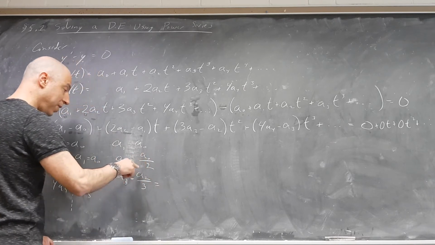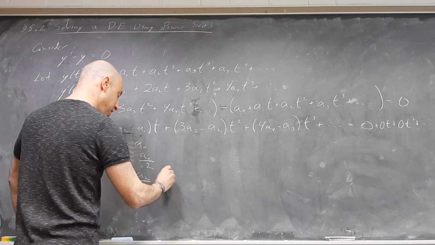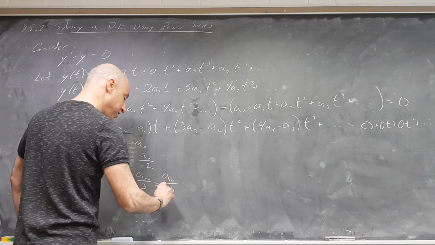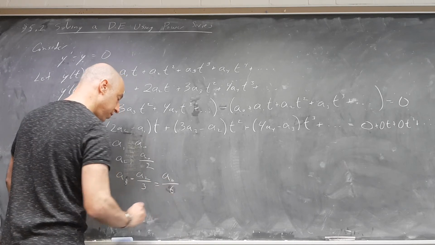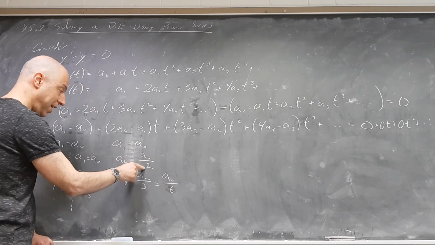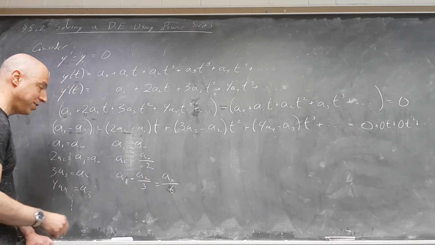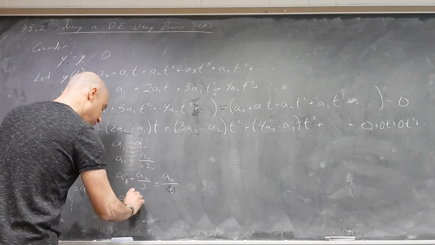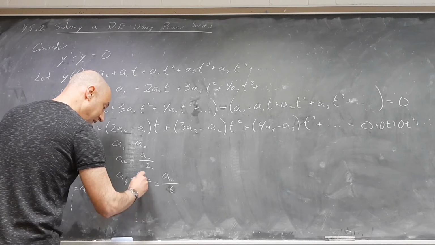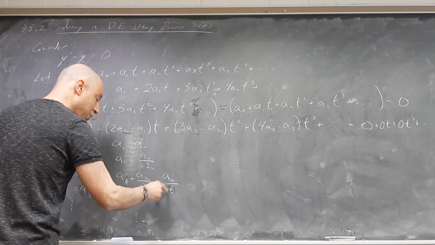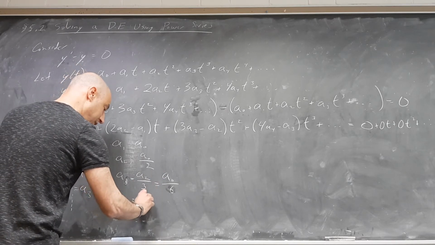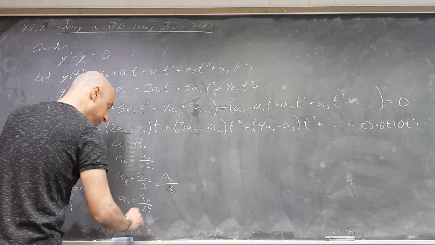And since a2 is just a0 over 2, putting that over 3, we end up with a0 over 6. You end up with a4 equals a3 over 4. In other words, it's a0 over 24.